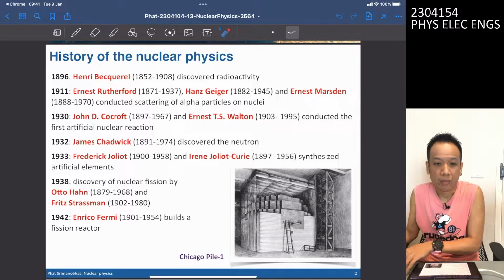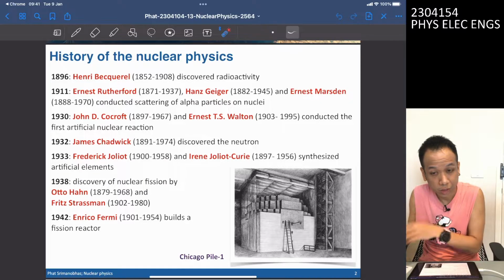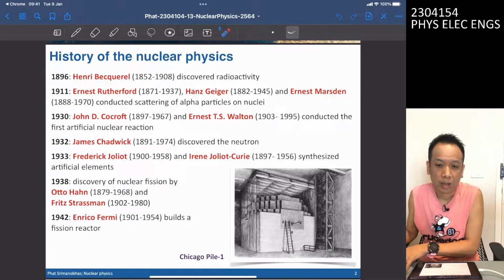After that, in 1930, Cockcroft and Walton conducted the first artificial nuclear reactions. After that, the neutron was discovered by James Chadwick.